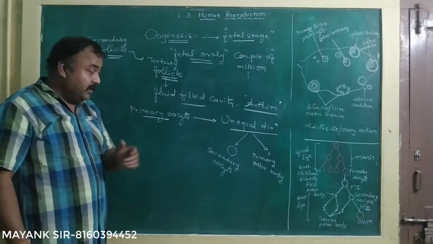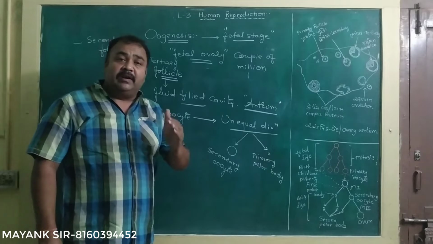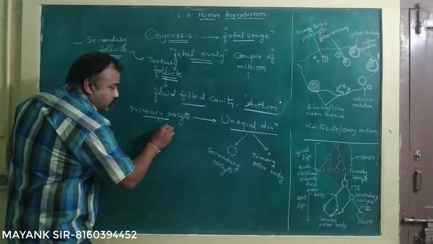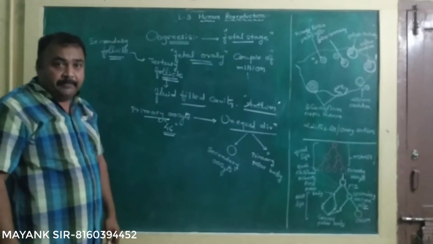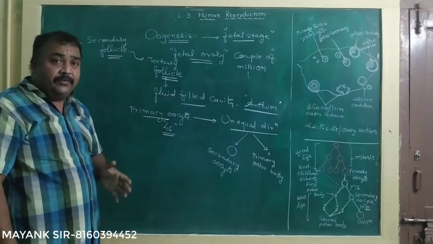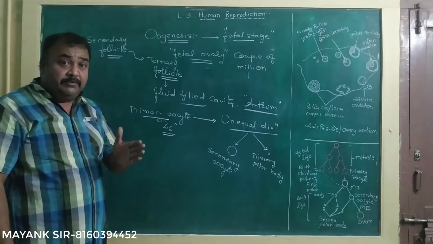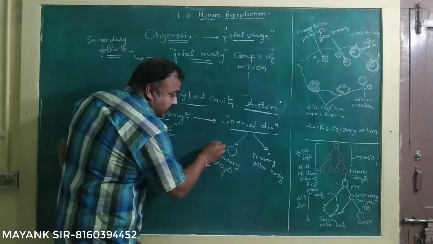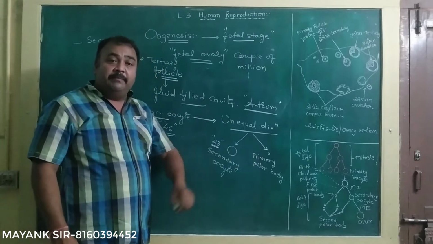Now see, friends, remember, the primary oocyte has a chromosomal constitution exactly like the oogonia. That means 46 chromosomes occur in every primary oocyte. The primary oocyte occurs in the primary follicle and in the secondary follicle, whereas the secondary oocyte is the result of the first meiotic division in the primary oocyte. That means the number of chromosomes will be 23 in the secondary oocyte as well as the primary polar body.